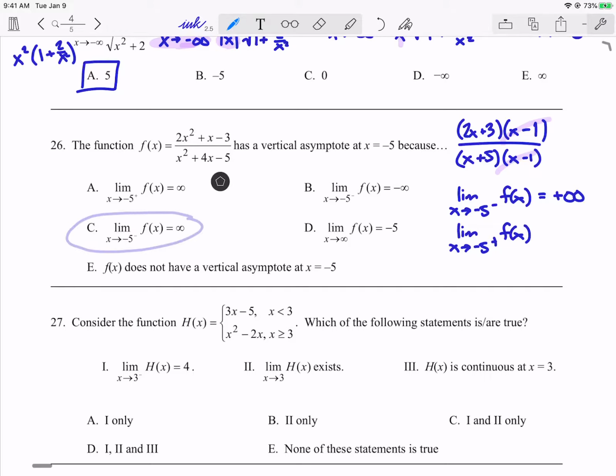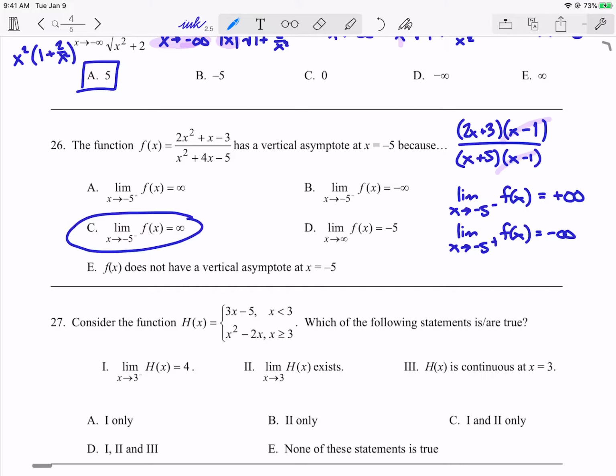That is true. Limit negative 5 from the right, so negative 4.999. Now the denominator is positive, but that numerator is still negative, so I get negative infinity. So limit from the right, did I do that right? Negative 4.999 still makes that top negative, but the bottom would be positive.